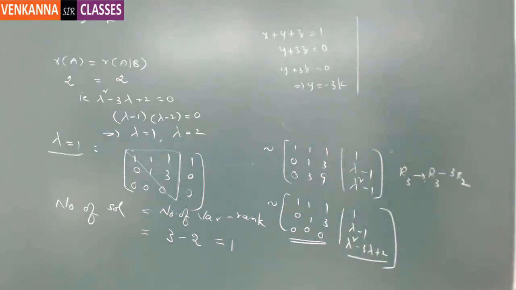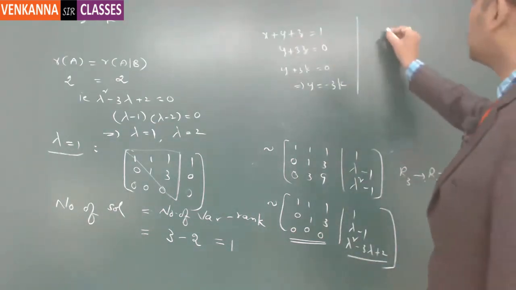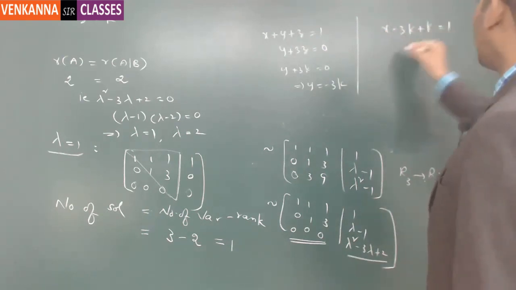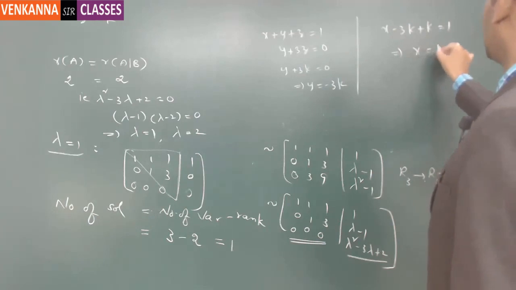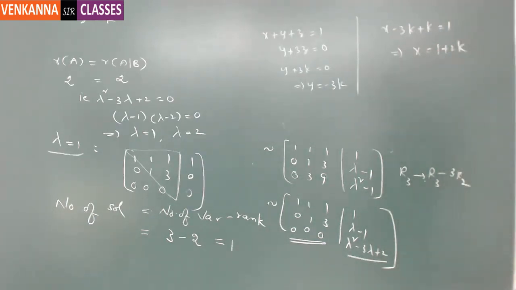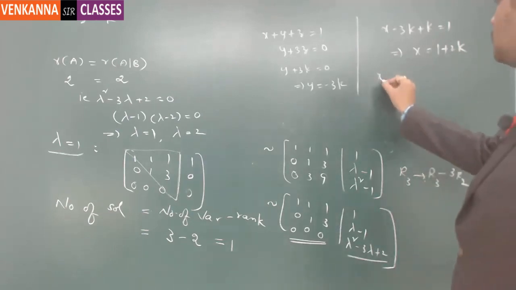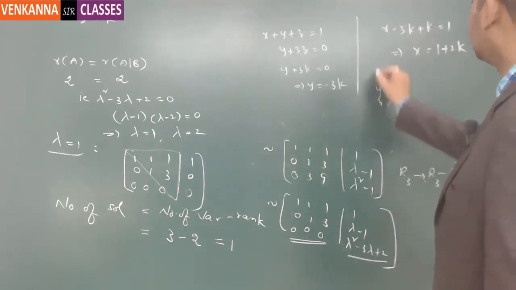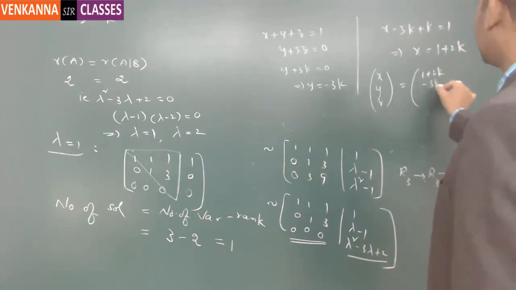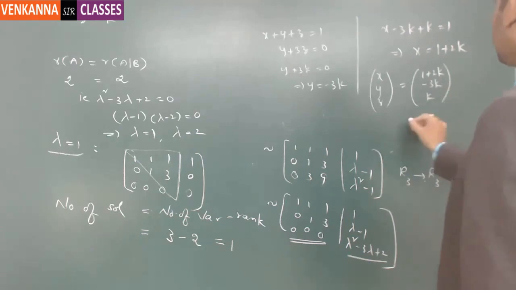Substituting y and z values in the first equation, you have x minus 3k plus k is equal to 1, which implies x is equal to 1 plus 2k. So the respective solution is x equals 1 plus 2k, y equals minus 3k, and z equals k.